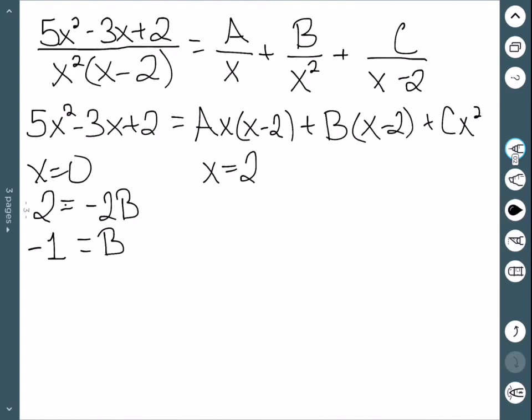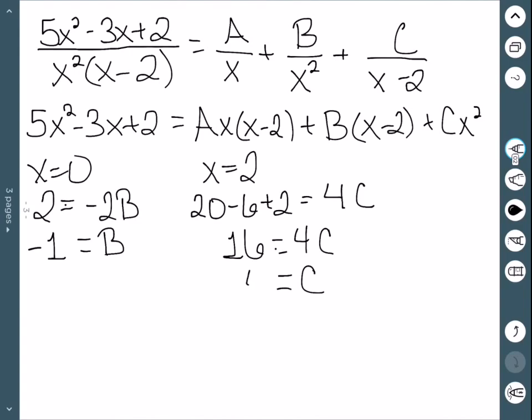On the left, 2 squared is 4, times 5 is 20, minus 6 plus 2. On the right, both the A and the B term go away, and I have 2 squared C. Working that out, the 20 minus 6 plus 2 gives me 16, equal to 4C. So we get that C is equal to 4.